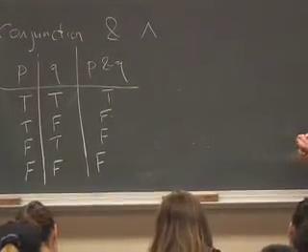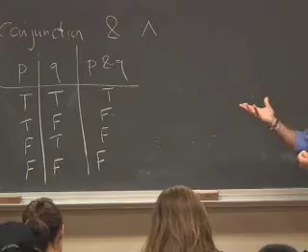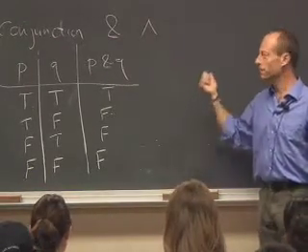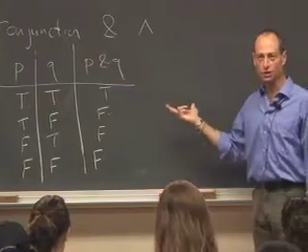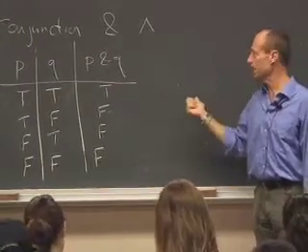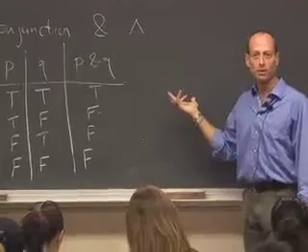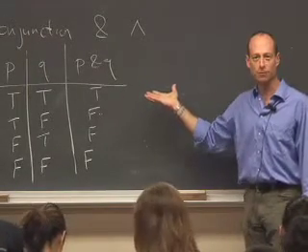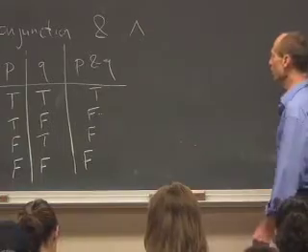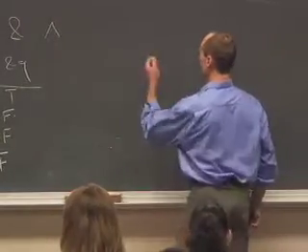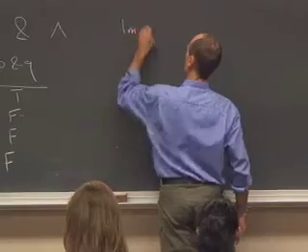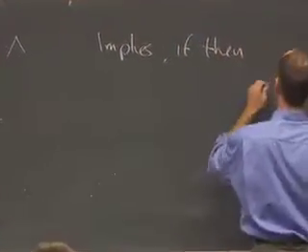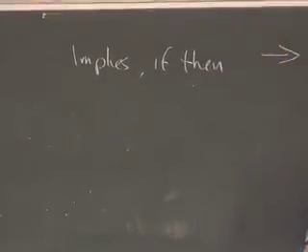Everything else in propositional logic can be built up out of negation, disjunction, and conjunction. There are a bunch of other symbols that can be reduced to these. Let's talk about them briefly. So, for example, implies, or if-then, is sometimes written with an arrow.